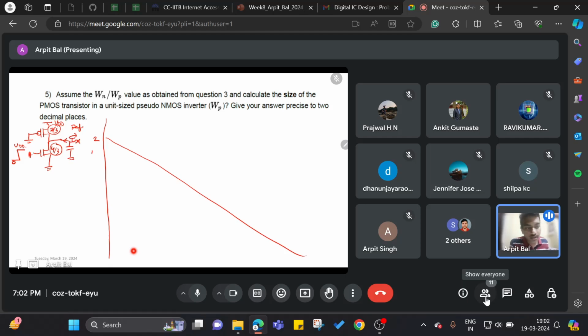let's call this one as Ix. Okay. So if you remember the derivation part, so what we did is, let me call this one Ix, let me call this IP, and this one In.